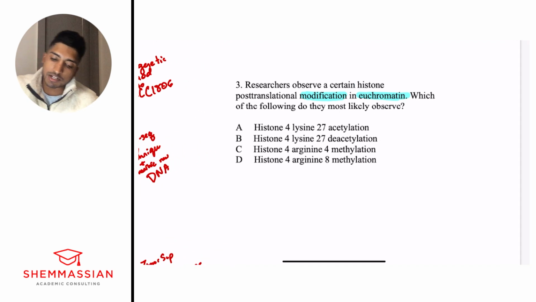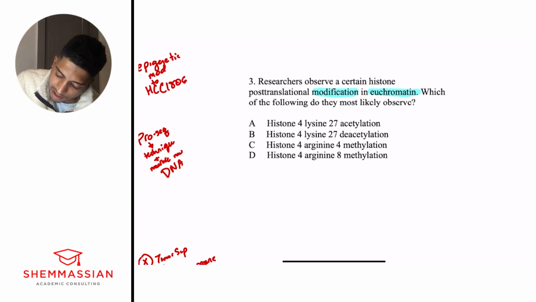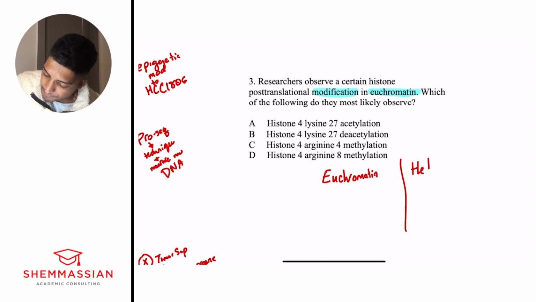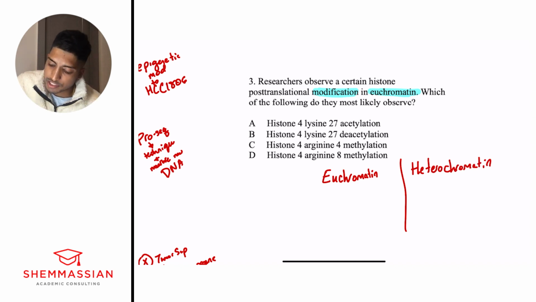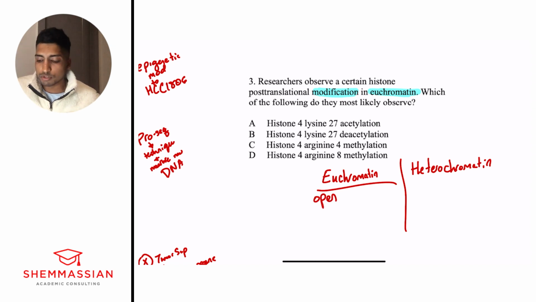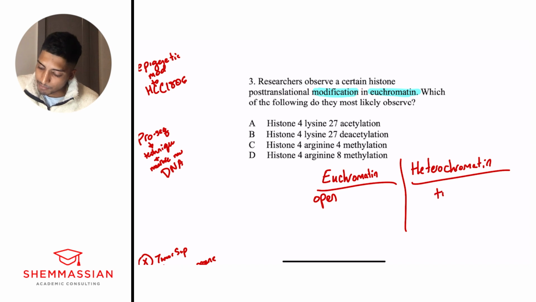So to answer this question, we need to have an important understanding of the difference between euchromatin and heterochromatin, okay? And so euchromatin is open. It's more loosely bound to histone, and heterochromatin is more tightly bound to the histone.